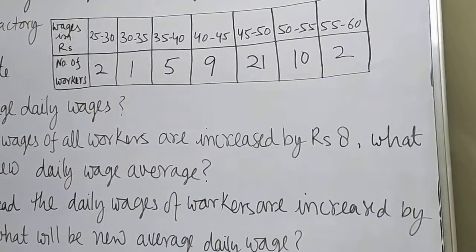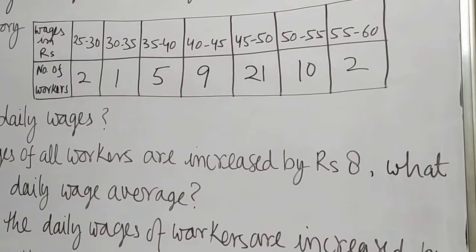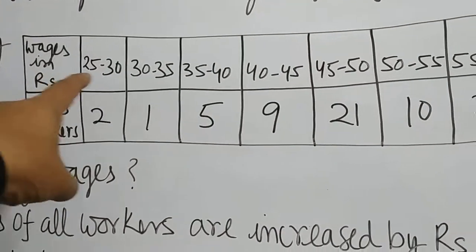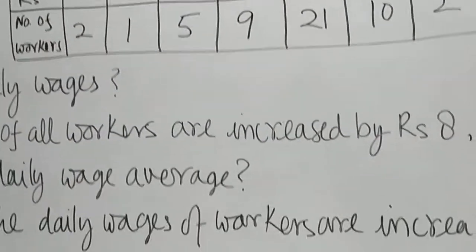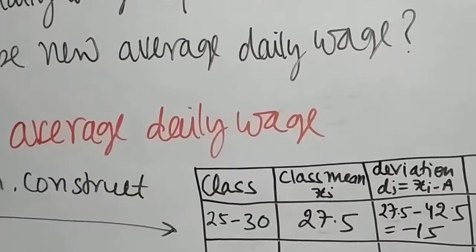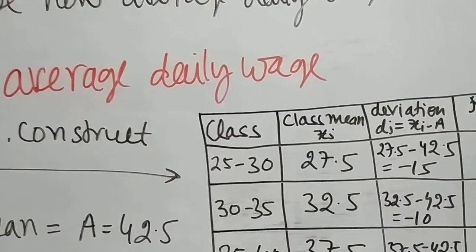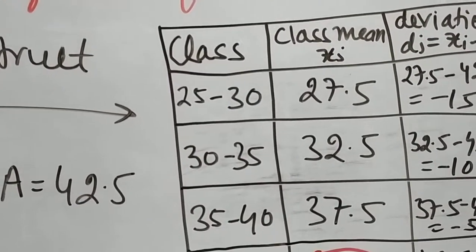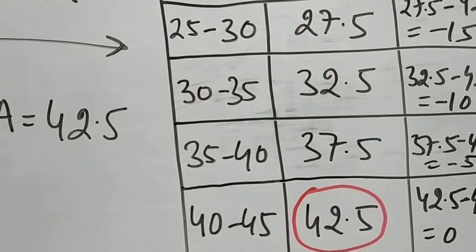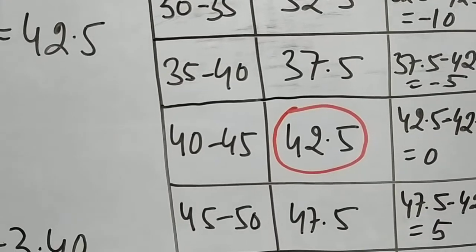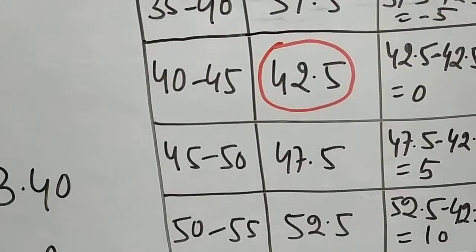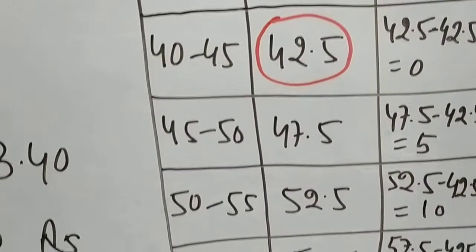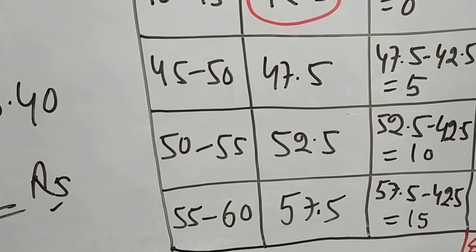We have copied from here. That means this row has been made the column of class, nothing else. 25 to 30, 30 to 35, 35 to 40, 40 to 45, 45 to 50, 50 to 55, 55 to 60.